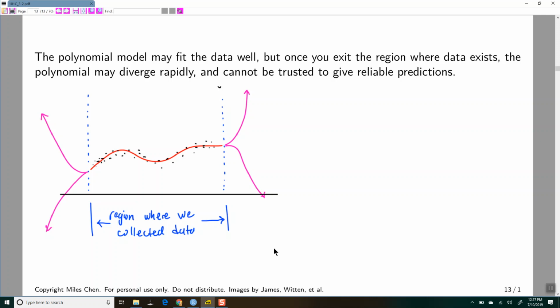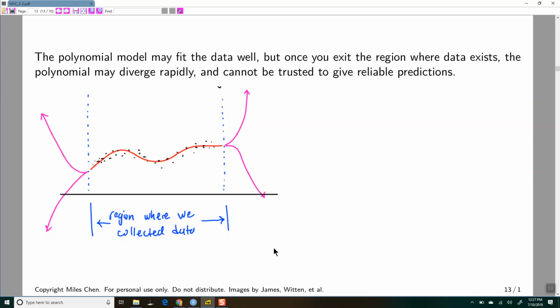But your data collection ended in 2018, and let's say you want to predict what's going to happen in 2025, okay? Trying to use the polynomial to extrapolate what will happen in 2025 is very dangerous, because that polynomial can just rapidly accelerate up or down.